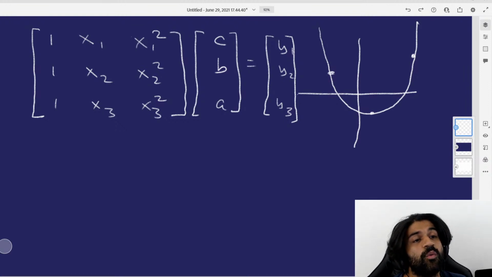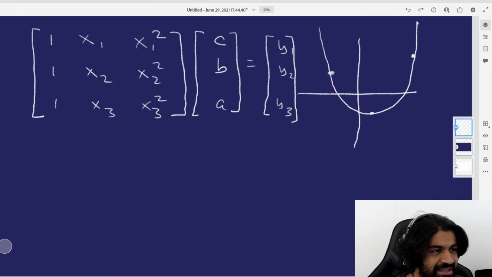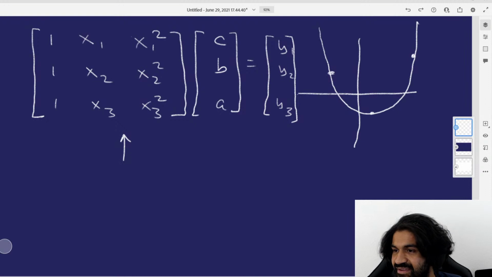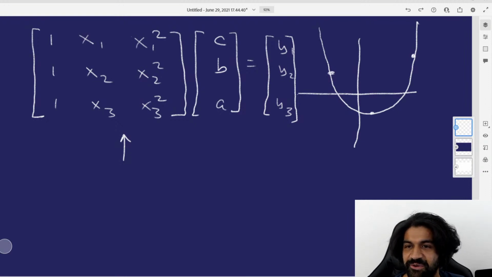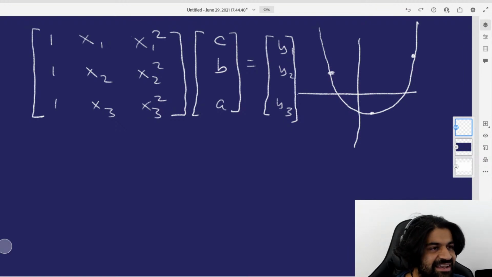So a unique quadratic will exist if and only if this matrix happens to be invertible, okay? So a system of 3 equations in 3 unknowns, right? Since we did Cramer's rule, let's call this matrix A over here, right?